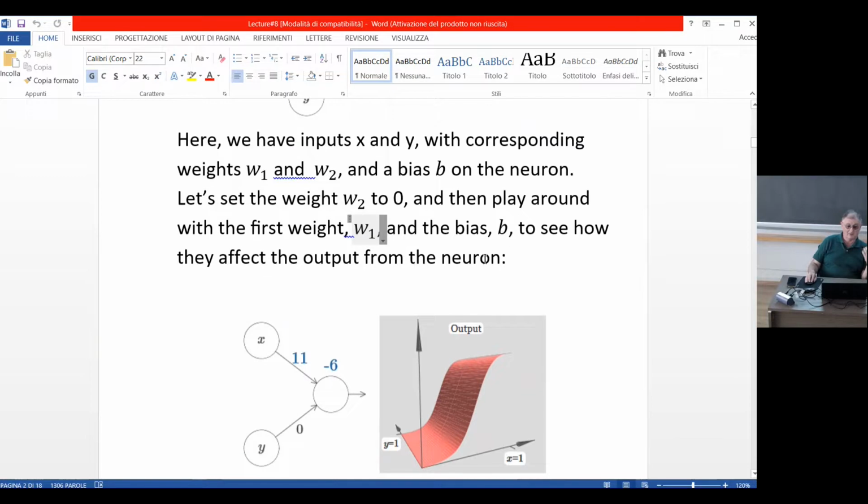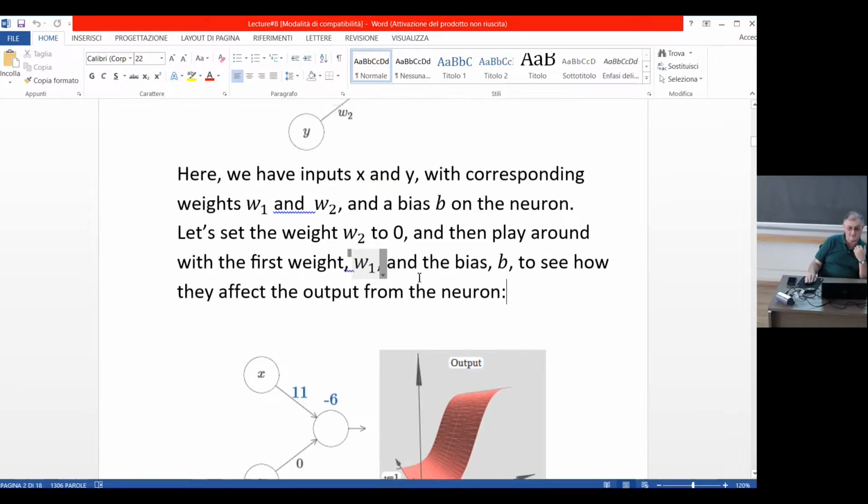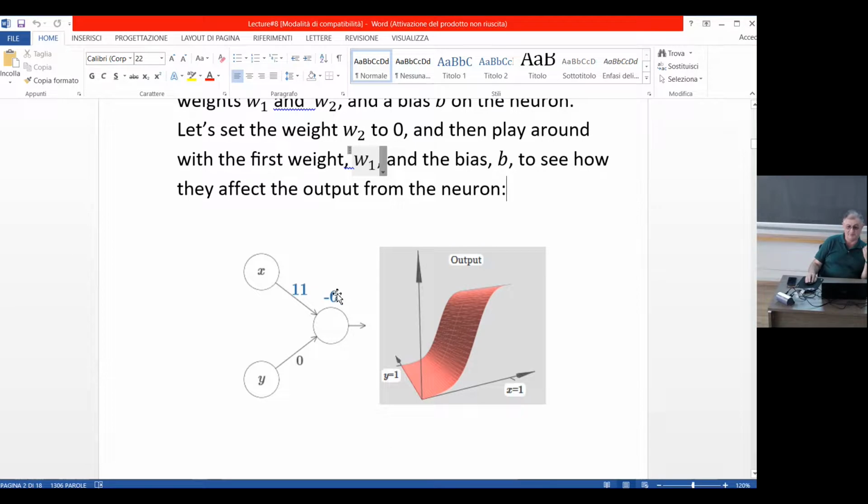And what happens in one dimension? We prescribe to x the weight coefficient 11, and to y the annulling coefficient 0.